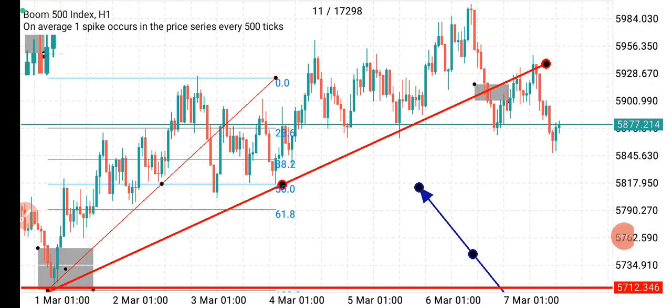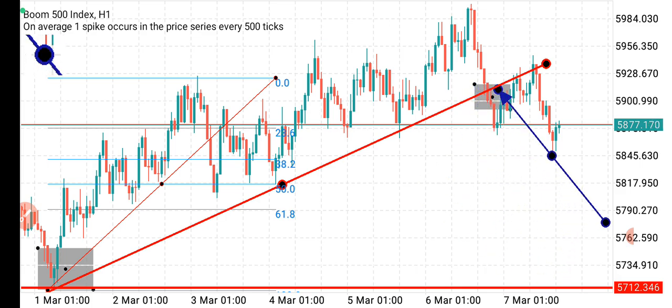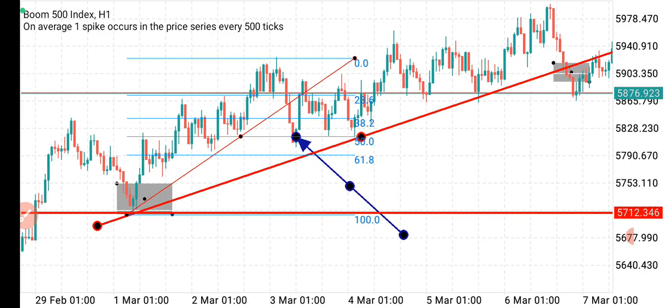Now this is your exit. This shaded portion, why? Price broke out of it, closes below this trend line, and immediately this happens, it becomes your exit point. Okay, so it's just like a rail track.